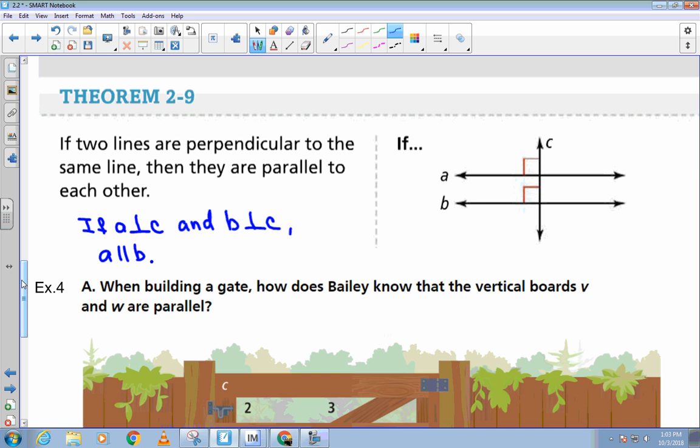If I were just to look at this picture, what kind of makes me think that these would be parallel, other than the fact that they're perpendicular? They're both right angles, and where are the right angles at? In the corresponding part, right? So that would help you prove it if you had to prove that. Because this is going to measure 90, that's going to measure 90, and if corresponding angles are congruent, then the lines are parallel, right?